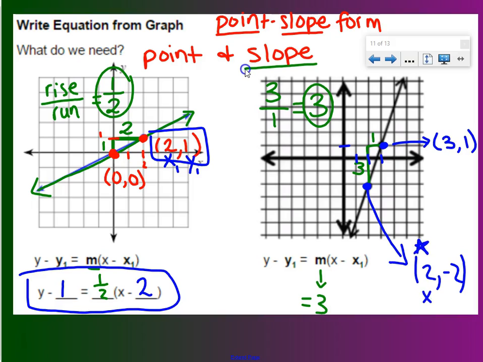So 2 is my x1 and negative 2 is my y1. So as I fill in my equation, I need to leave the y minus. y1 is negative 2. That double negative becomes a positive. Multiply my slope by x minus x1, which is 2. And there's our equation in point slope form.